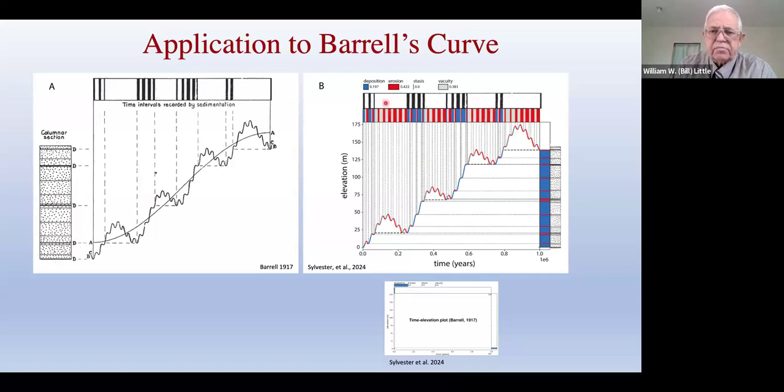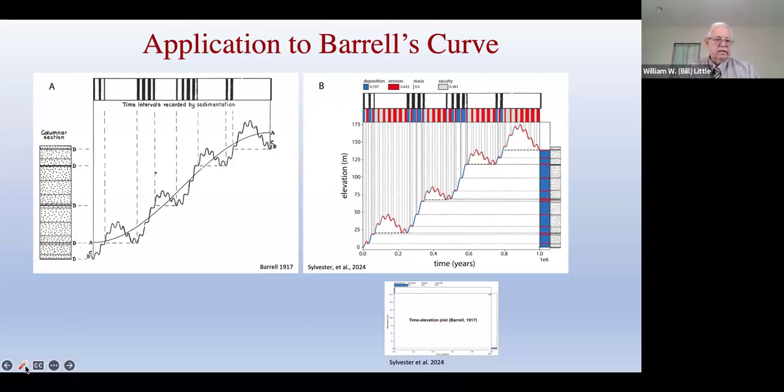And doing this, he's found out his determination is very similar to Barrow. He believes that for this hypothetical curve, only about 19% of time is represented by preserved strata. And so we're actually missing most of the stratigraphic record.